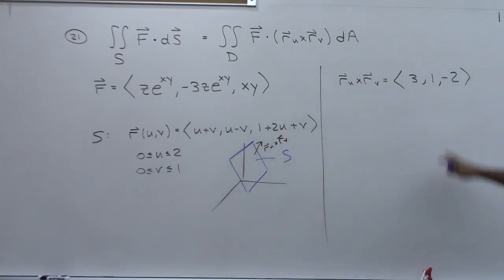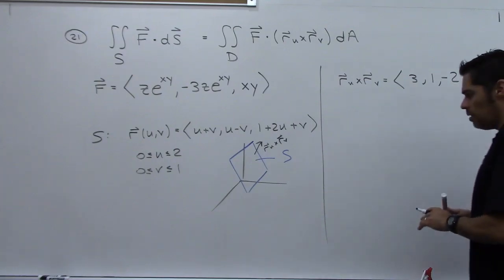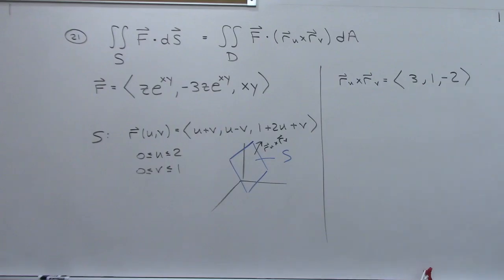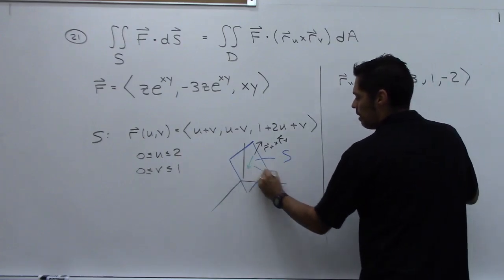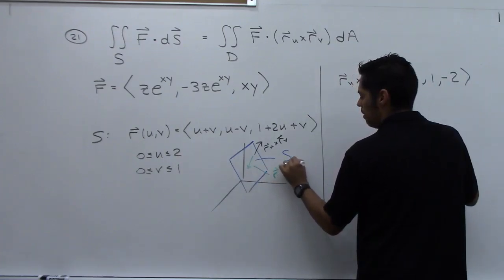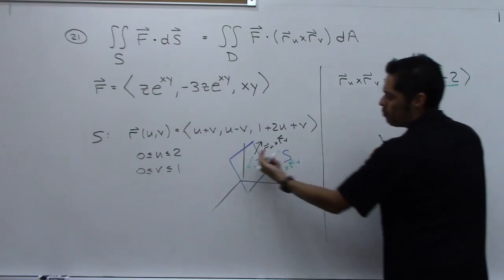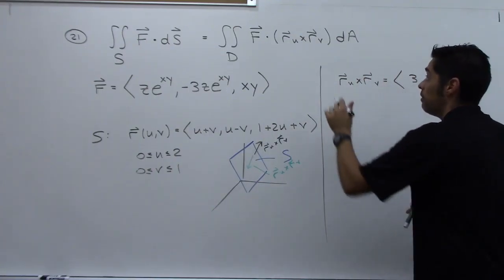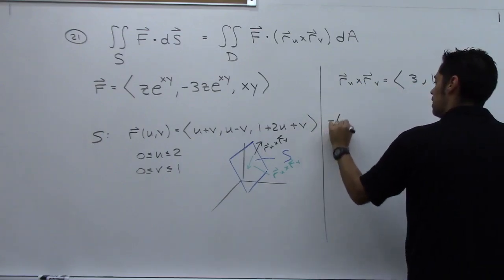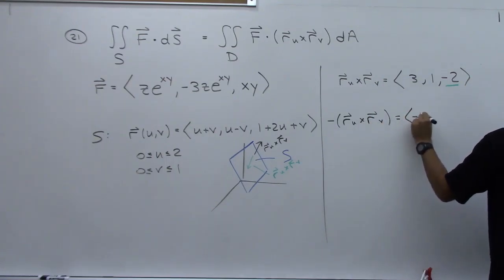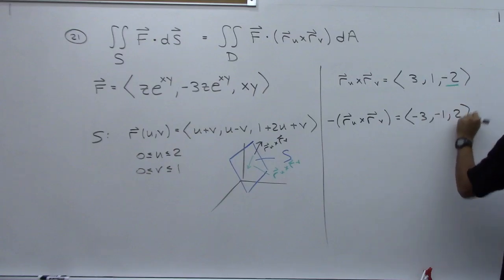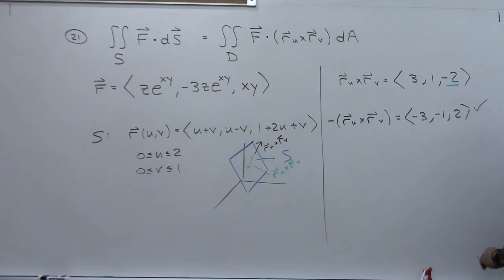If this is our cross product, notice that the z component is negative, which means these are actually the ones pointed downward. But we want them to be up. So in our formula we're going to need to change the signs, taking the negative of this, which will still be a normal vector, it just will point in the opposite direction. This is the one that we're going to use. You have to pay attention to that subtle little detail.